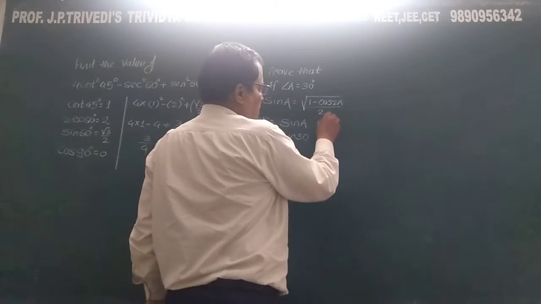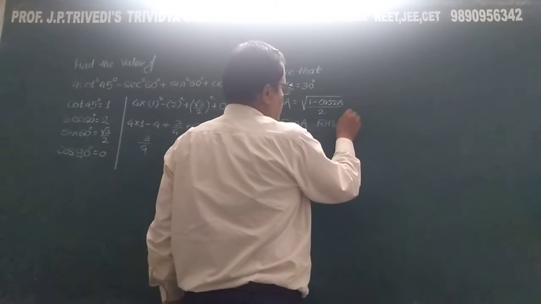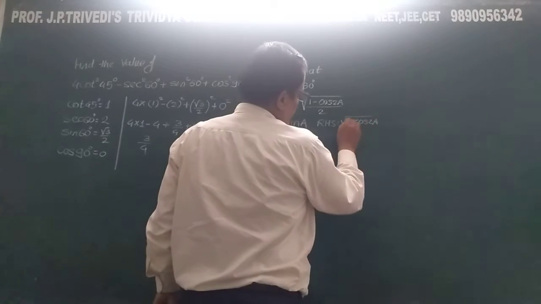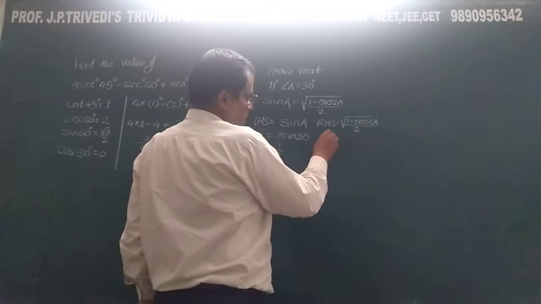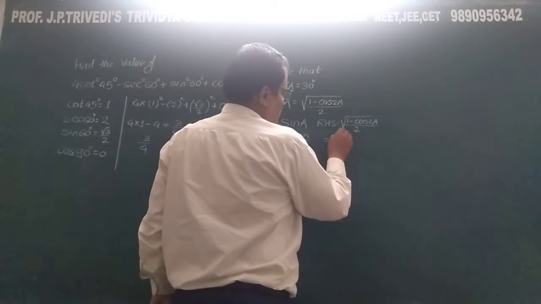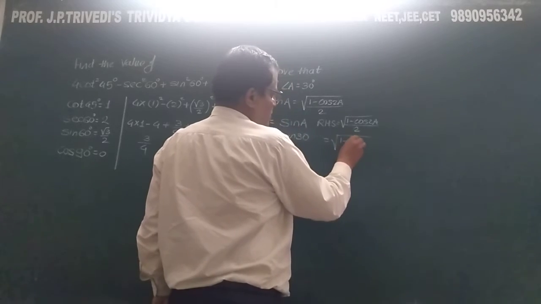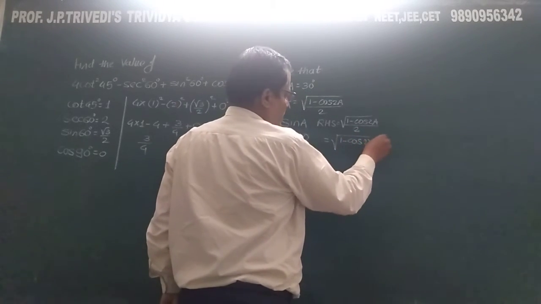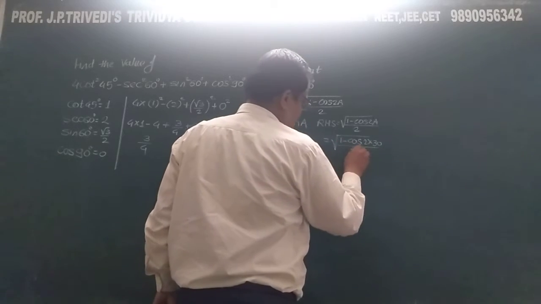Now RHS. RHS is equal to square root of 1 minus cos 2A upon 2. Here 1 as it is minus cos of 2 into 30, divided by 2.